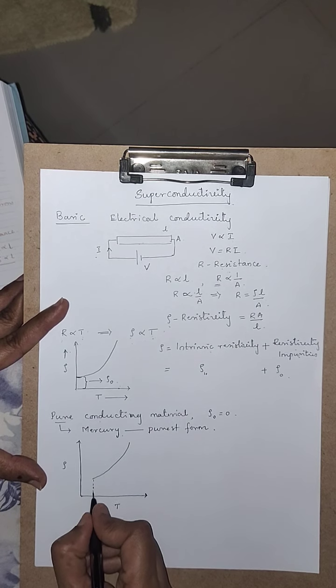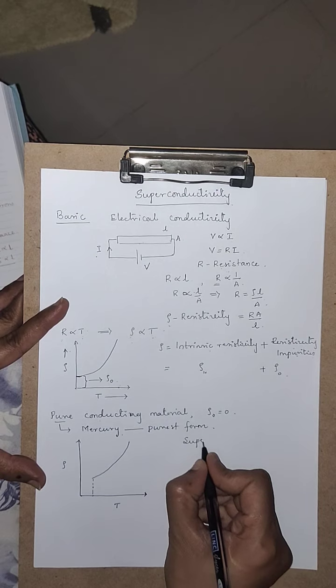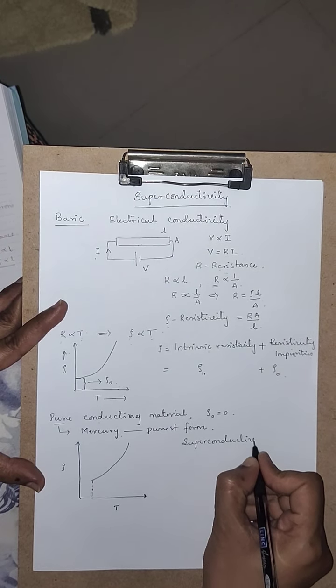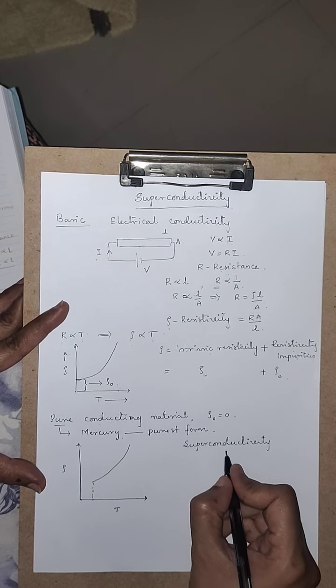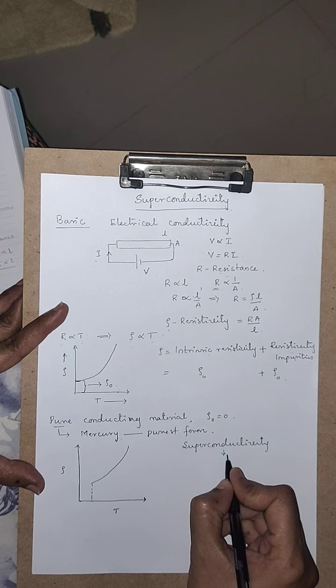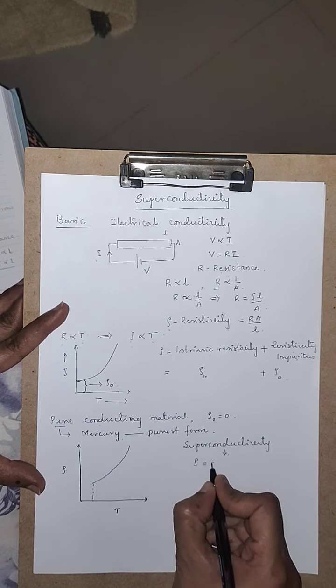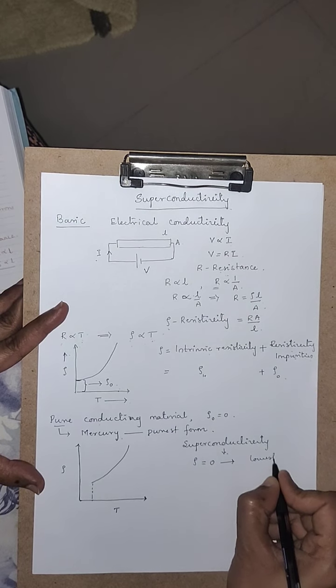This property of the material is known as superconductivity. Hence, superconductivity is a phenomenon in which the resistivity of a material goes to zero at the lowest temperatures.